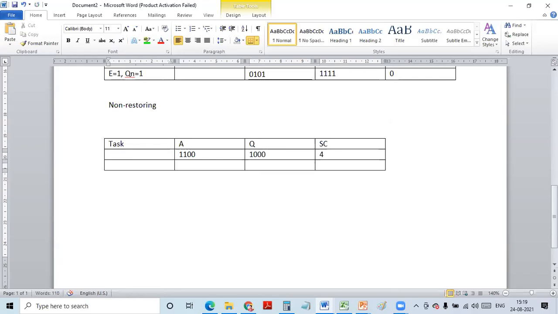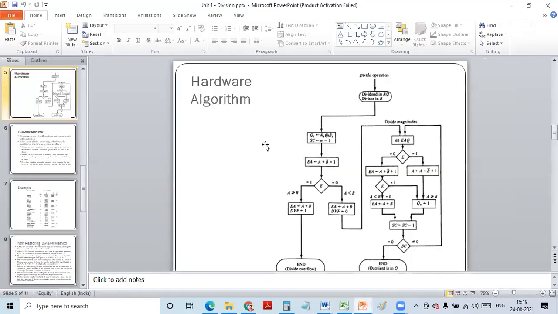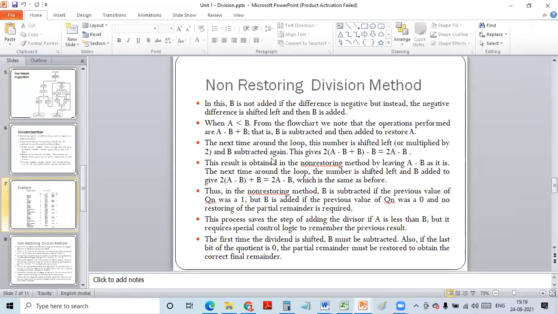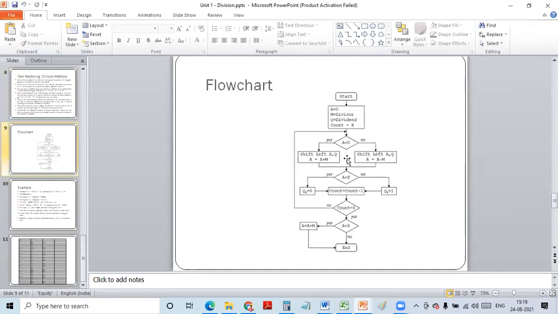So initially in the non-restoring method, first time you have to perform A minus B, after shift left. See the algorithm. First time we will perform shift left in whatever case it is.